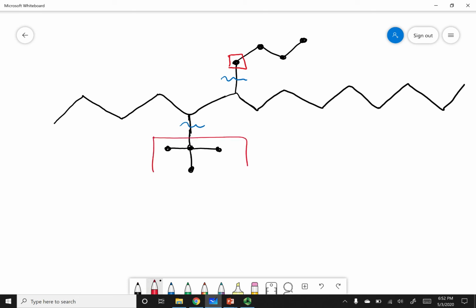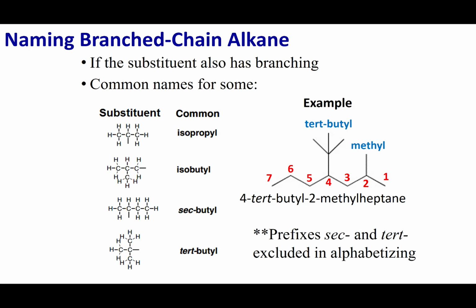Now what you guys will see is this makes kind of a little T, and so this is called tert-butyl. Sometimes they shorten it to t-butyl, but this is going to be my tert-butyl substituent. And again, you guys can see the difference from a normal butyl substituent. So if your substituent is a branching substituent, here are the common names that I want you guys to use.